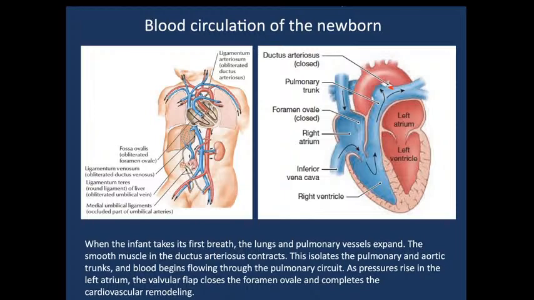In the adult, the interatrial septum bears a shallow depression, the fossa ovalis, marking the site of the original foramen ovale, and the remains of the ductus arteriosus remain as a fibrous cord, the ligamentum arteriosum.